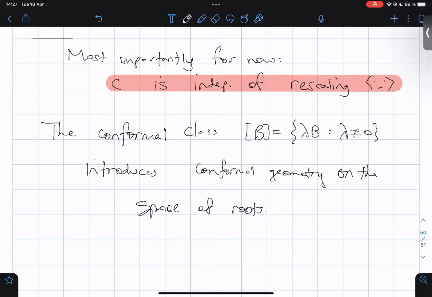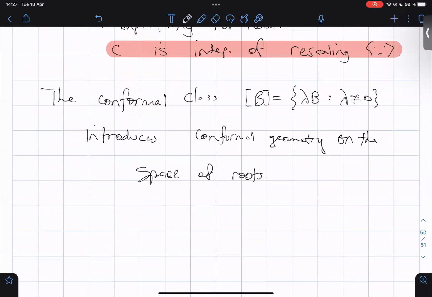Okay, that just means that, well, we're used to talking about an inner product that defines a notion of distance, right? And you get angles as a derived concept. But here, by rescaling, the notion of distance loses meaning, but the notion of angle does not. So conformal geometry is the geometry of angles, not metric distances. So angles and, well, relative lengths.